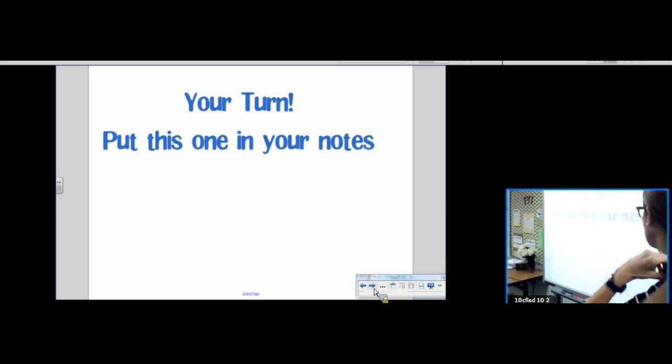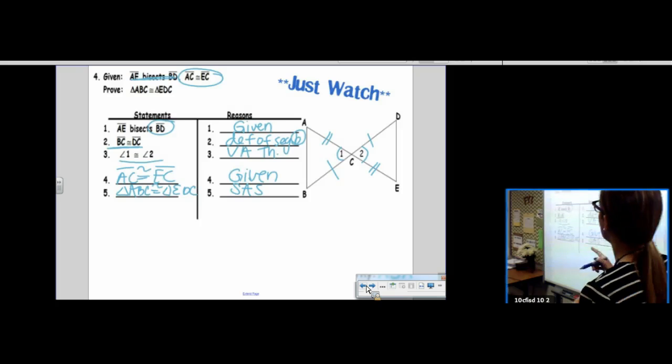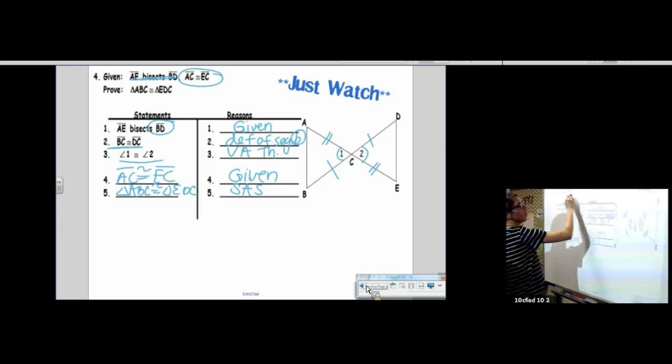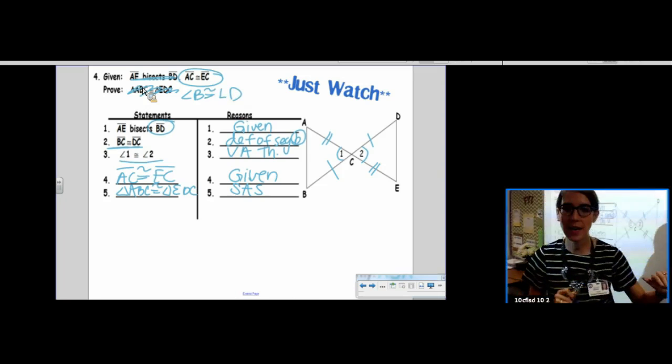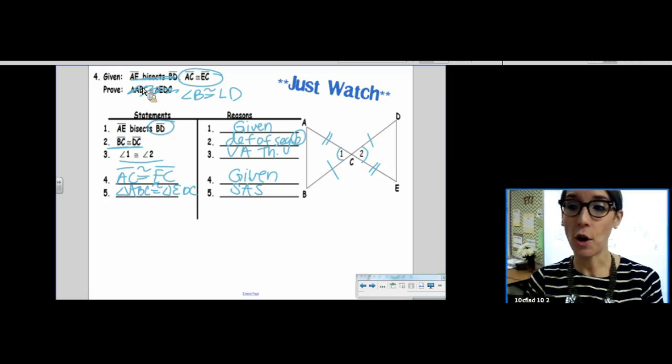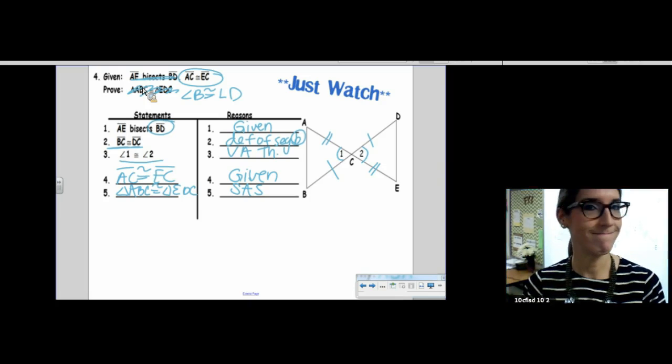Neil, when would we use CPCTC? We would use that when it says prove angle B is congruent to angle D. Now, on my picture, does B have an arc? Does D have an arc?